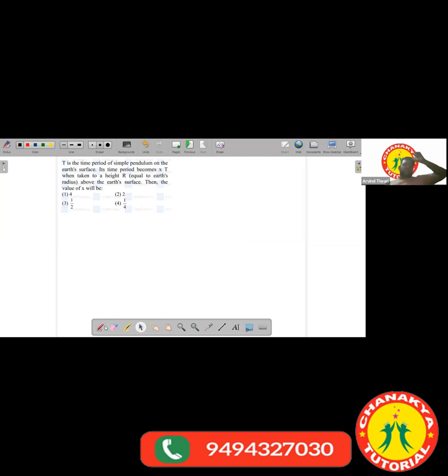So you have here T is the time period of simple pendulum on the Earth's surface. So you write here T equal 2 pi under root L by g. This is on the surface of the Earth. Let us find the expression for g dash. So we have g dash equals g times (1 plus h by R) power minus 2.